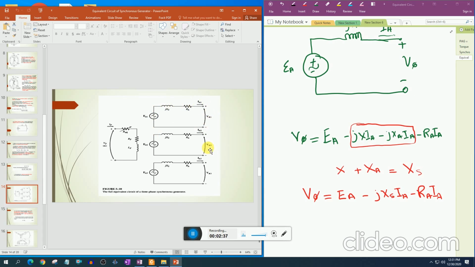The same for two phase, for three phase, and this is the field winding circuit, the rotor winding circuit, with VF DC supply, DC current flow. This is the control resistance which controls the amount of the field current, and this is its resistance and the winding reactance. So this is the field circuit and this is the armature circuit represented like this.